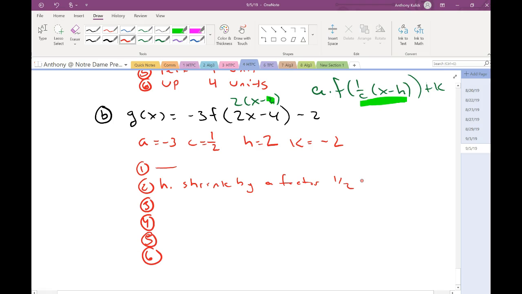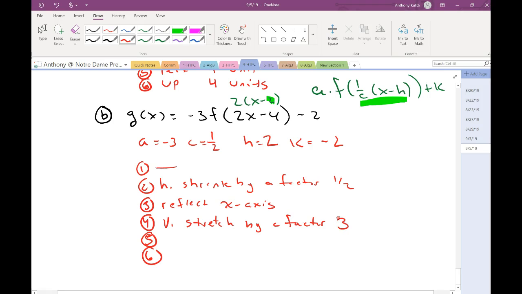In step 3, we look at the sign of A. Since A is negative, we reflect across the x-axis. In step 4, we look at the magnitude of A. Since the magnitude of A is greater than 1, we have a vertical stretch by a factor of 3.